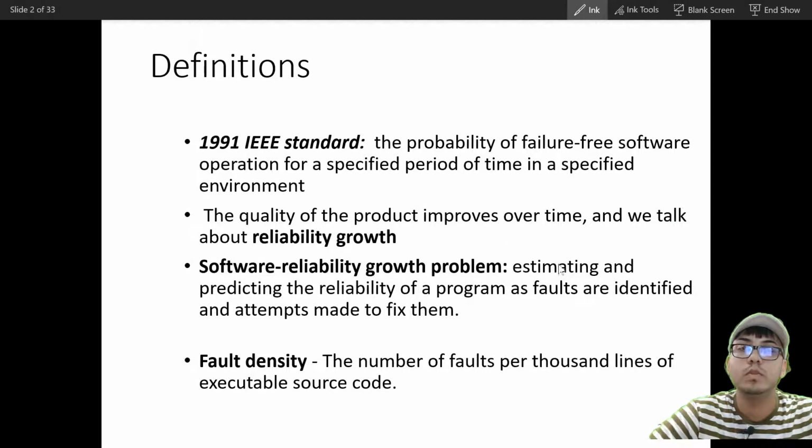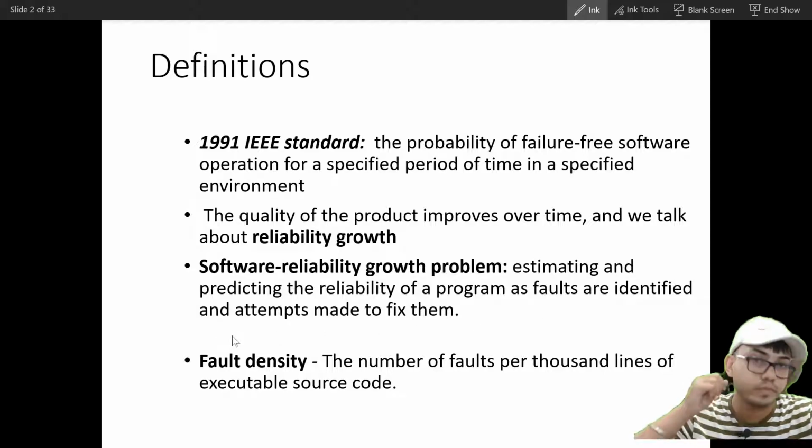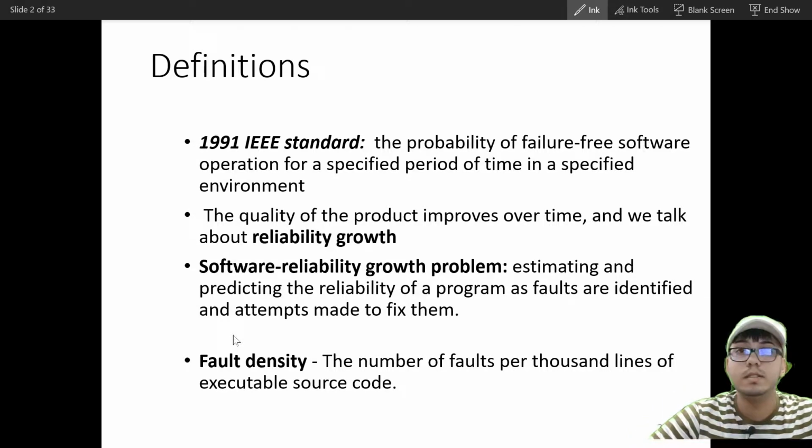The software reliability growth problem is the problem of estimating and predicting the reliability of a program as faults are identified and attempts are made to fix them. So what is fault density? The number of faults per 1000 lines of executable source code. So these are the definitions of software reliability and fault density.